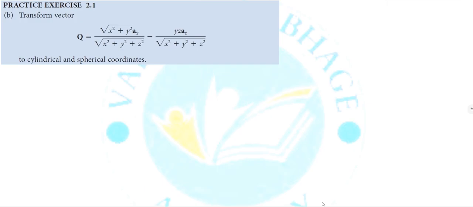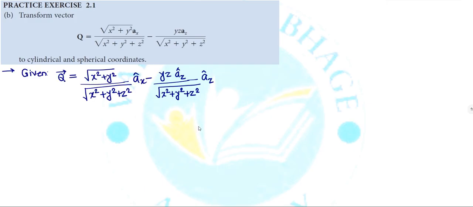Okay, so we will start with what is given to us. This is the given vector, and if you look at it, we have the given vector in its Cartesian form, or its rectangular form, since we have the components along x and z direction.